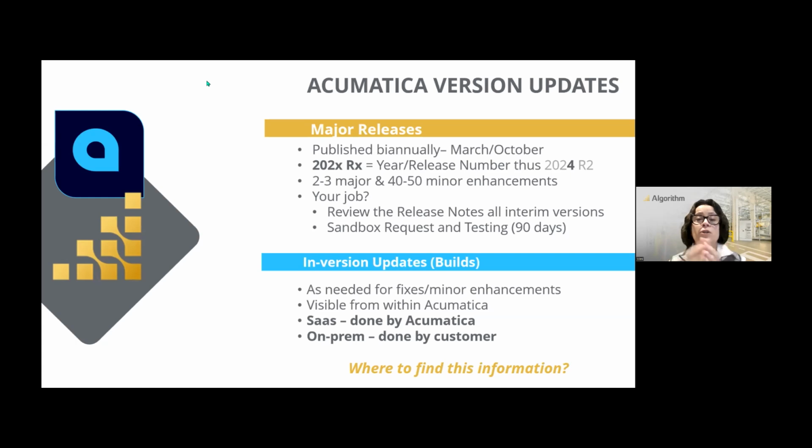But what do you have to do? First of all, you do need to review the release notes, not only for the version that you're going to, but for every version that you may have skipped in the interim. So for example, if you're on 2023 R1 and you want to go to 24 R2, you want to read the release notes for 23 R2 and for 24 R1 because there's so much coming into the software.